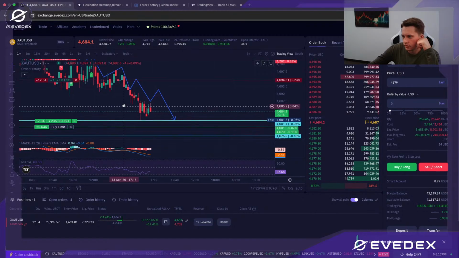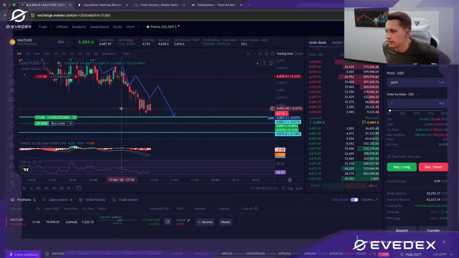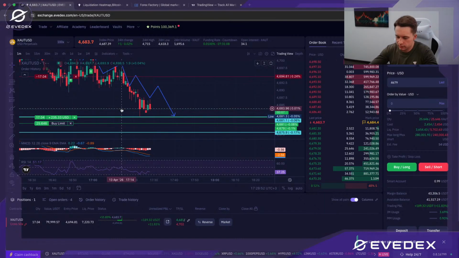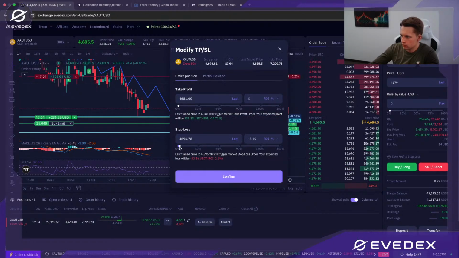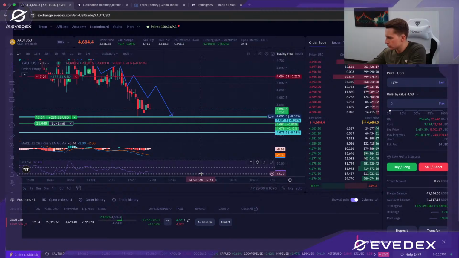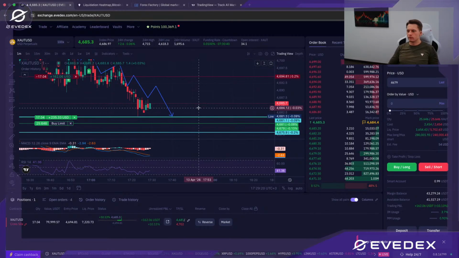It has literally just said, yes, the level is there. It's like a way of the market telling me that the level is there. So it's just above our take profit at the minute.